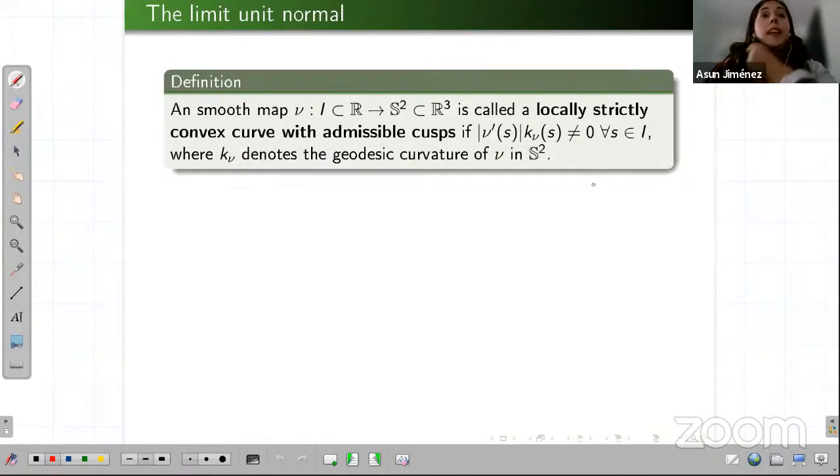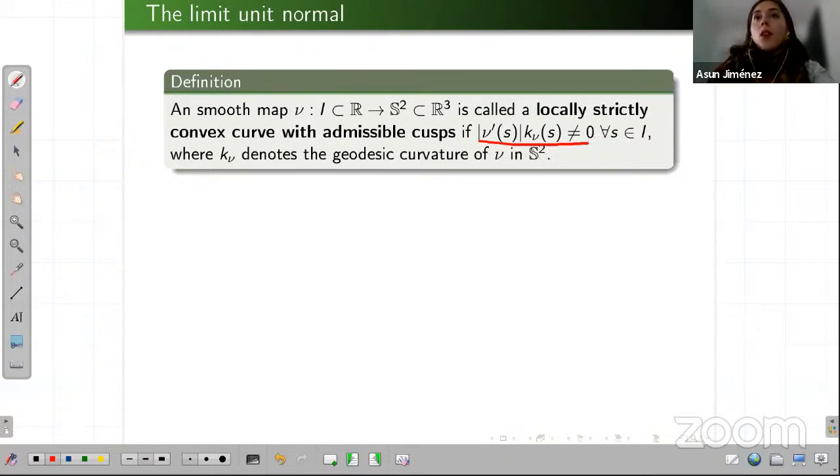Well, this is the key definition. That is the behavior of the unit normal in the more general situation. We will say that a curve in the sphere is called a locally strictly convex curve with admissible cusps if this product of the norm of the velocity of the limit unit normal times its geodesic curvature is different from zero. What I'm saying is you have two options.